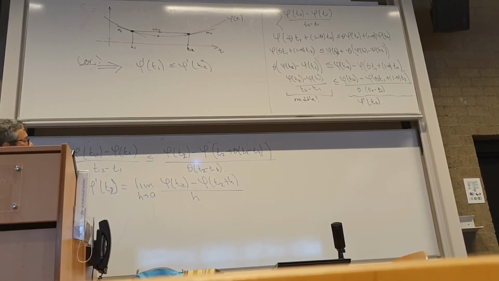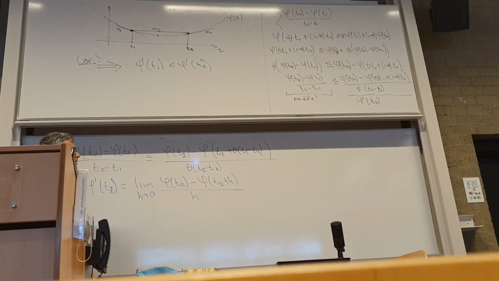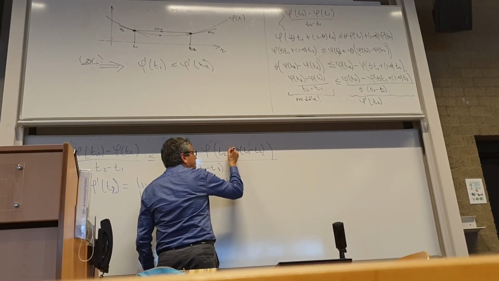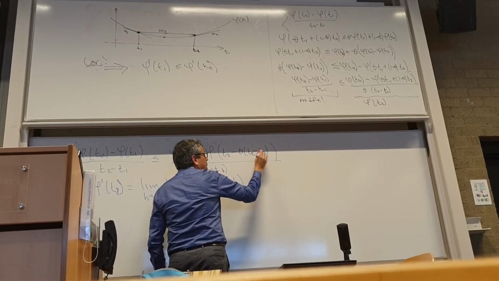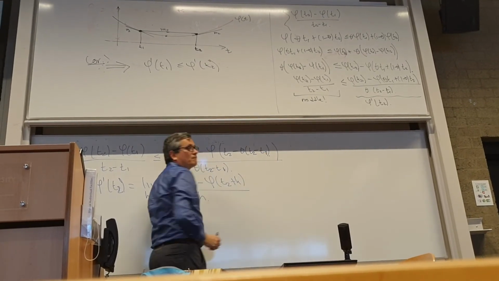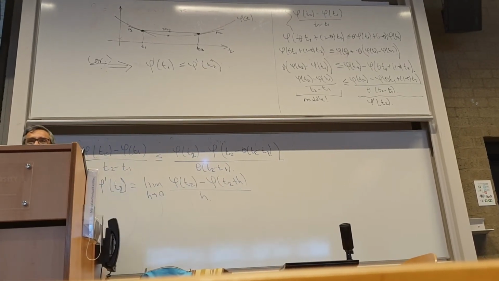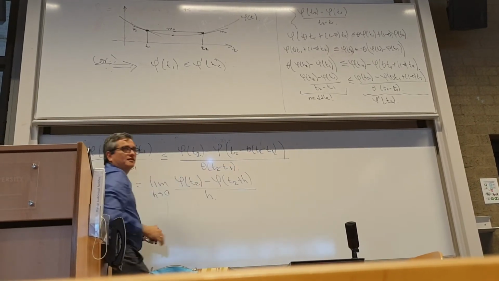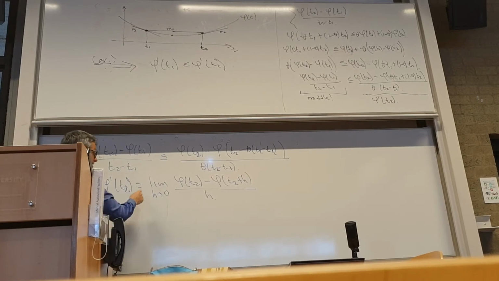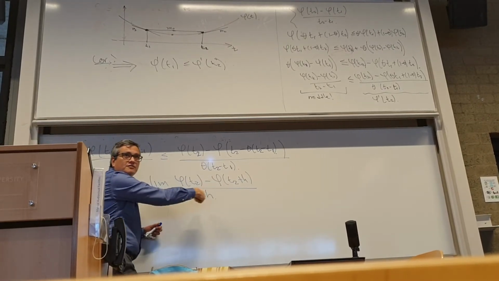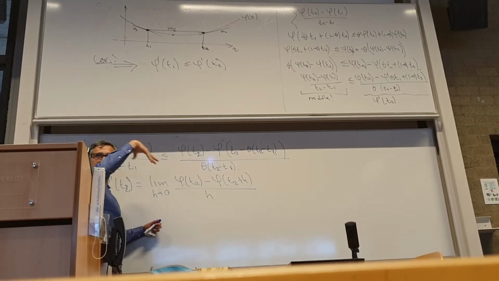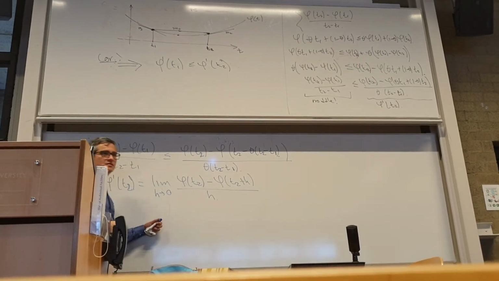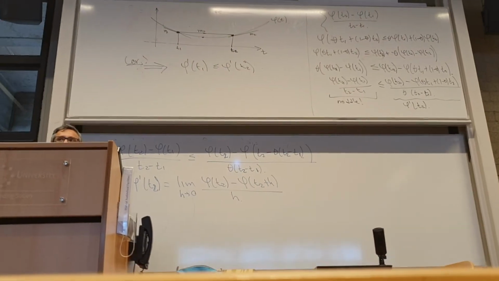Because it's T2 minus T1, I want to put here a minus and put T2 minus T1, just to have the same expression. I'm putting the same expression here and here, because I'm thinking of this definition of the limit, one of the definitions that you were given.